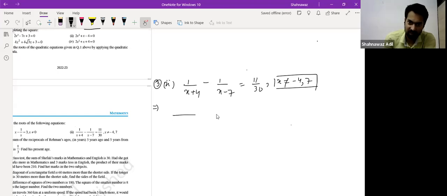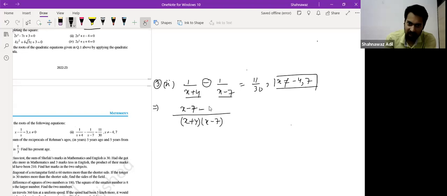Simplify. Yes. So first we should take the LCM, right? So in here, what will we get? x minus 7. Correct. So you divide x plus 4, x minus 7 by this. So you get x minus 7, then x minus 7 multiplies with 1, right? And then just be careful with this one.